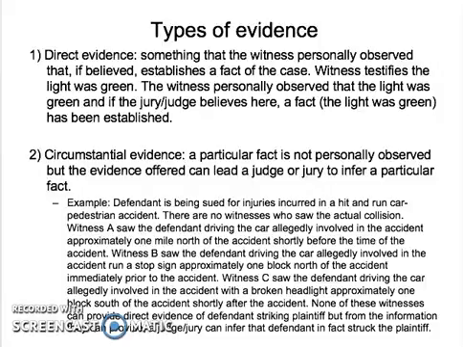Most cases, we're going to have a combination of direct and circumstantial evidence. And so everything's going to balance each other out. But circumstantial evidence would be a situation where we don't have a witness who saw a specific fact, but we can present enough information around that fact that allows the judge or jury to infer that it did happen.